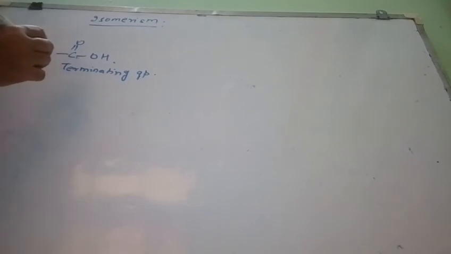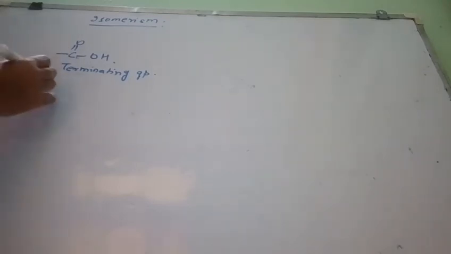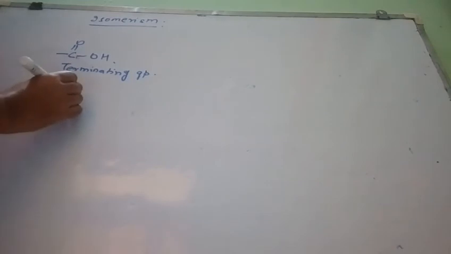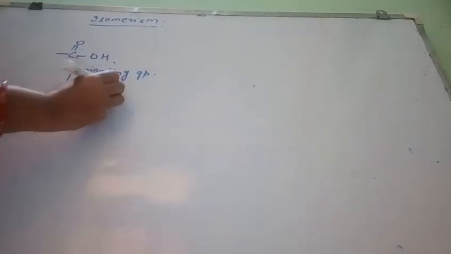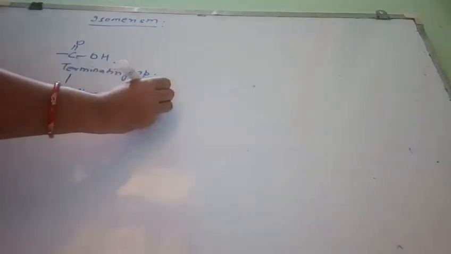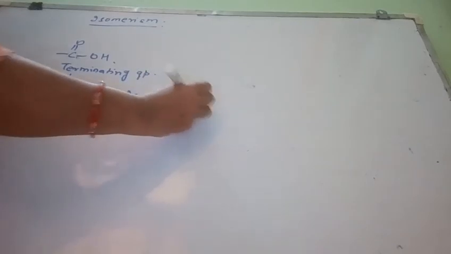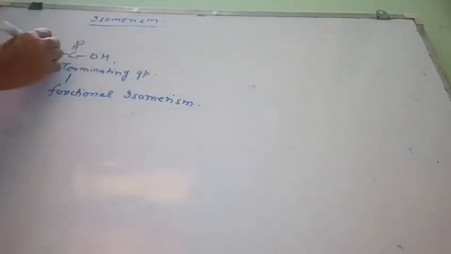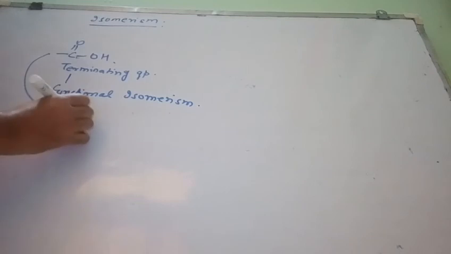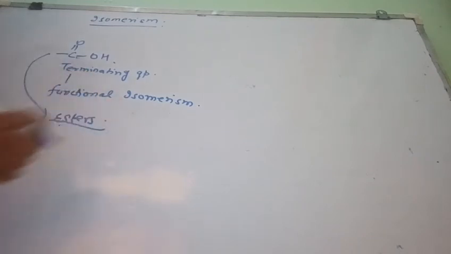The very important isomerism shown by carboxylic acid compounds is functional isomerism, and the functional isomers of carboxylic acids are esters. Monocarboxylic acid compounds and esters have the same general formula and are functional isomers of each other.